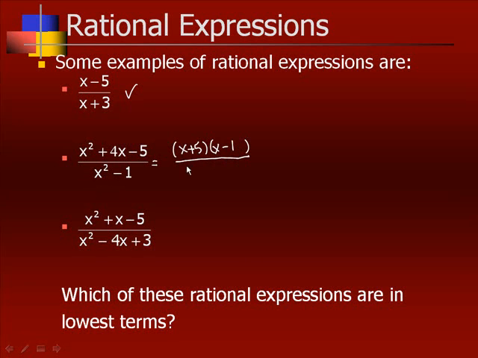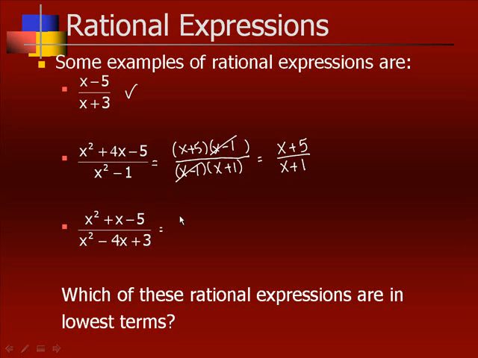And then down in the denominator we get x minus 1 times x plus 1. Notice we have a factor of x minus 1 available in the numerator and the denominator. So we say reduced form would be x plus 5 over x plus 1.